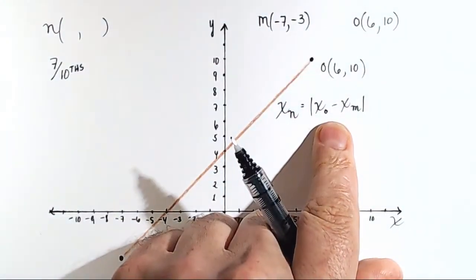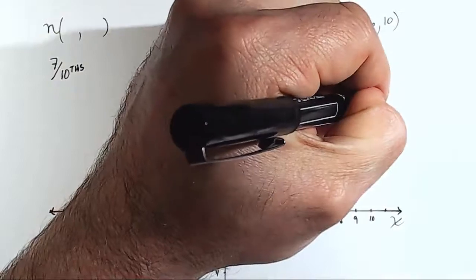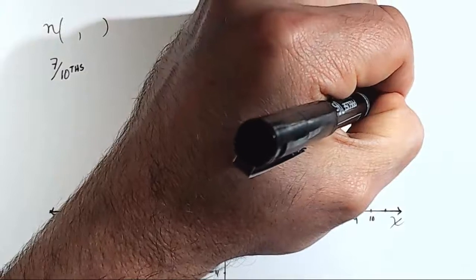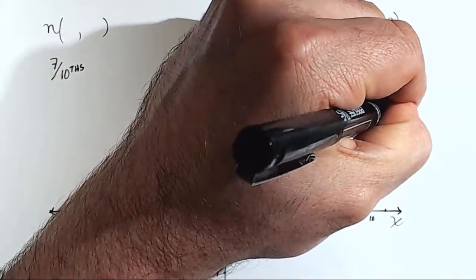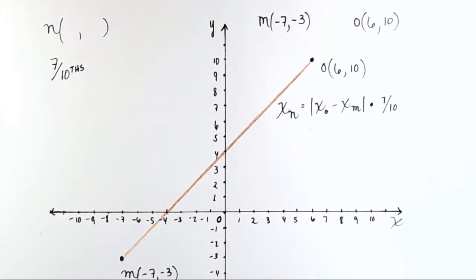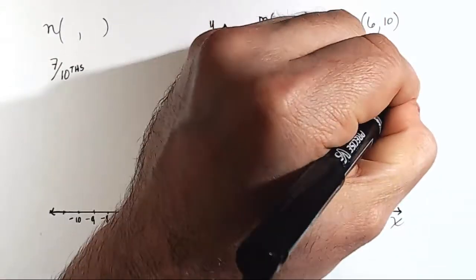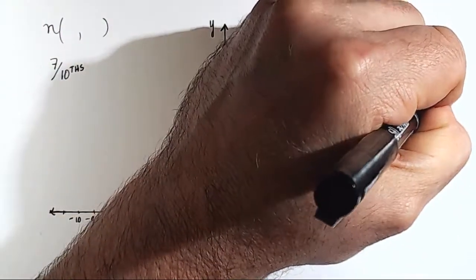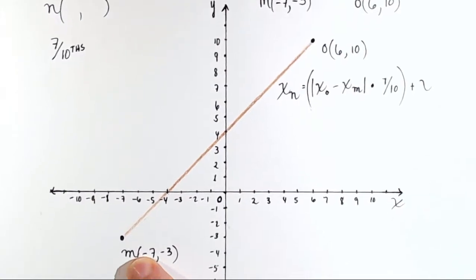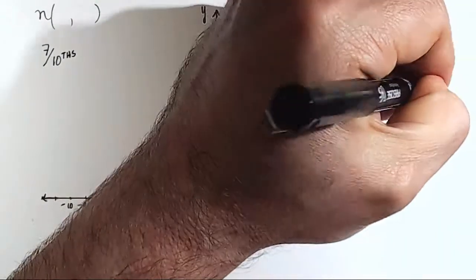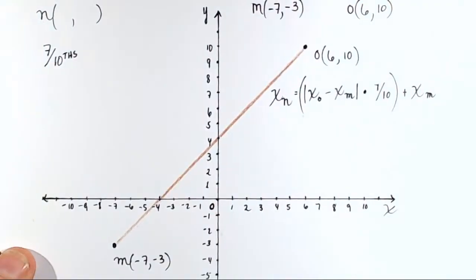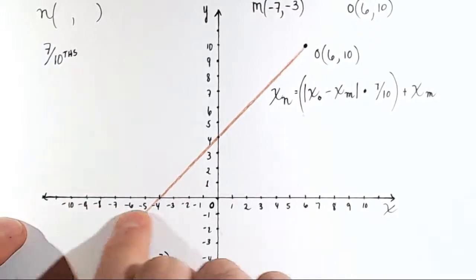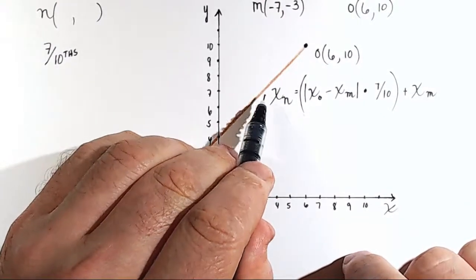And once we find that absolute difference, we will multiply it by 7/10, and then we will add that product to x sub M, because we're going to go from M to O. So that's like the complete algorithm for the movement in the x direction for point N.